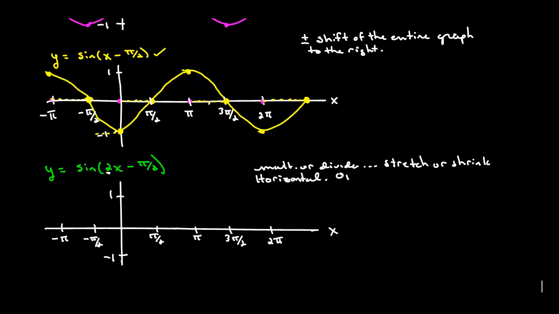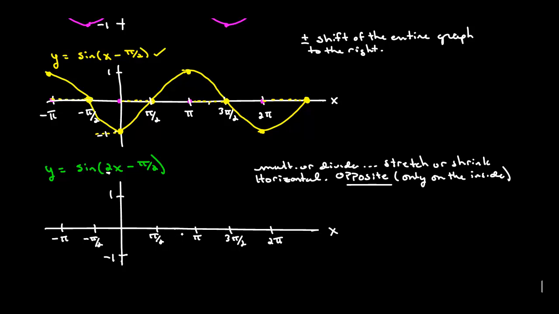And we always work in the opposites of what we see only on the inside. So this 2, because this multiplication is a stretch or a shrink, normally we think about multiplying something by 2 as making it larger, but this will actually make it smaller because it's the opposite. So things are going to happen twice as fast. It's going to compress or shrink horizontally by a factor of 2.